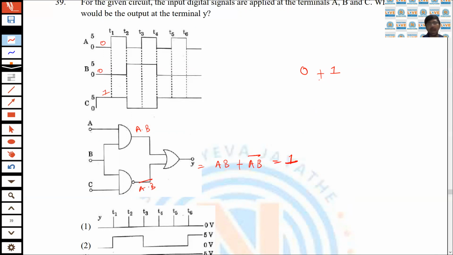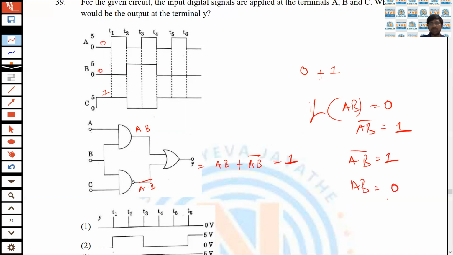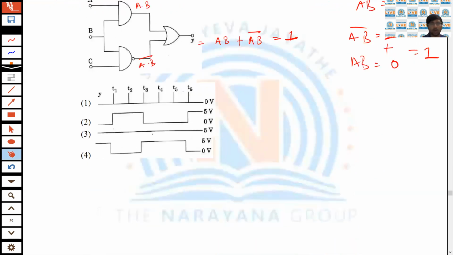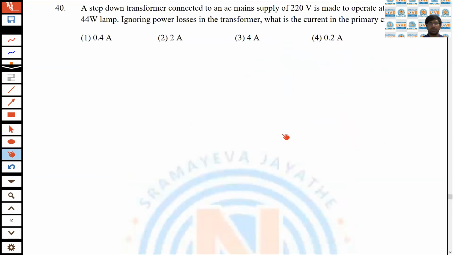Now, AB and AB bar is certainly equal to 1, because whatever the value of AB is, let's say if AB is 0, then AB bar is certainly equal to 1. And if AB bar is equal to 1, then AB is certainly 0. And if we take an OR over here, we will get always equal to 1. So the correct option is the third option. All right. Now let's come to the 40th question.